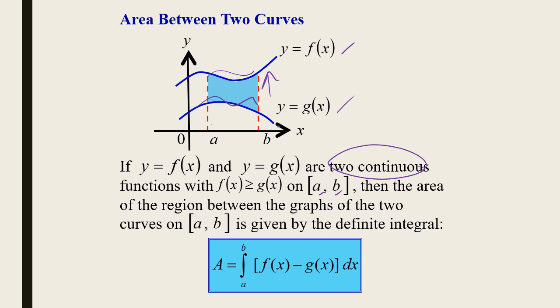The area of the region between the graphs of the two curves on a to b is given by the definite integral of f(x) minus g(x) with respect to x from a to b. So we subtract the lower function from the bigger, above function. Because f(x) is at the top of g(x), we subtract g(x) from f(x).